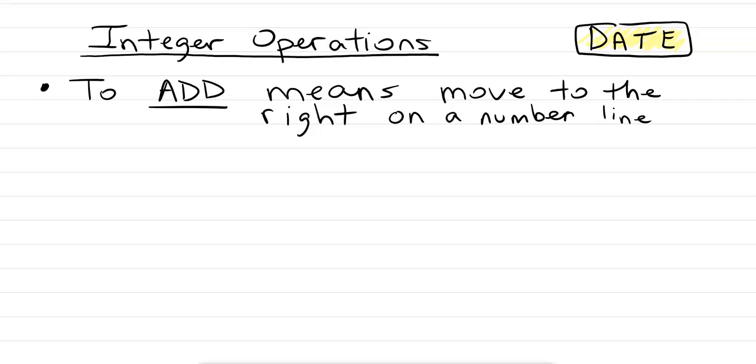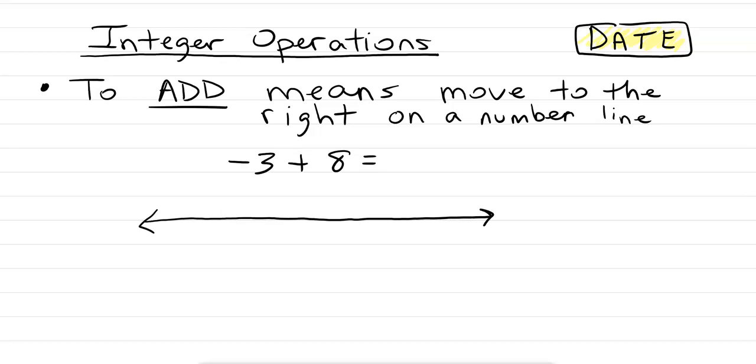So let's say I gave you these two integers that we're adding together. We had -3 plus 8. We're trying to figure out what it equals. If we drew a number line, we're starting at -3 and we're adding 8 to -3.